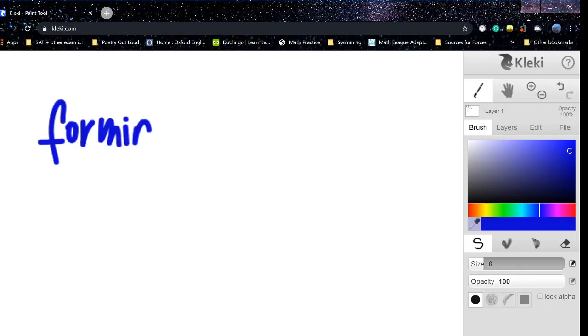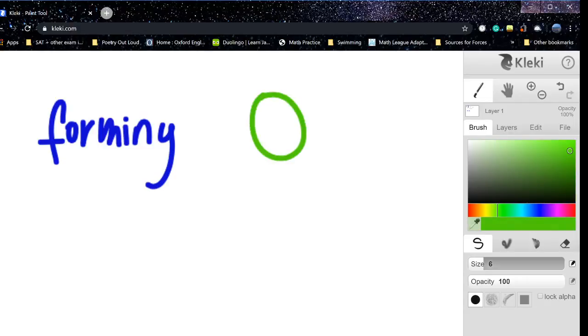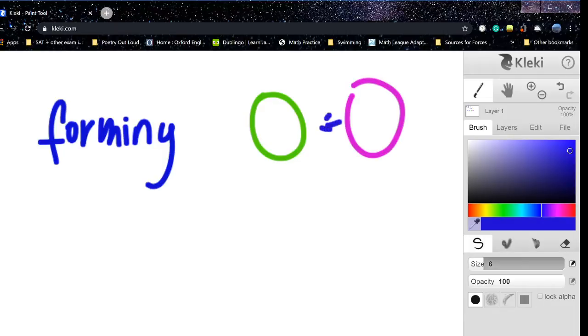Let's take a look at how bonds work. When you're forming bonds, you have two things that are attracted to each other, and they are given the opportunity to fall together to form a chemical bond.